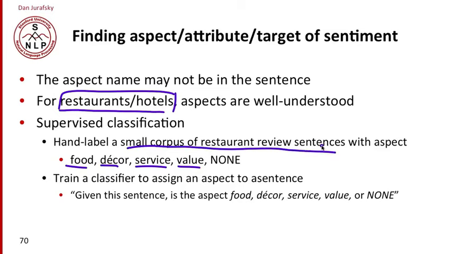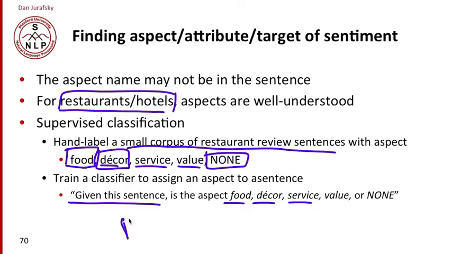We'll just mark every sentence. Does this sentence talk about the food? Does it talk about the decor? Or is it none of the above? And then we can build a classifier which, given the sentence, assigns an aspect to it. Is this sentence about food? Is it about decor? About service, and so on. And we could do this with sentences, or with phrases, or maybe with clauses, pieces of sentences, whichever we'd like.